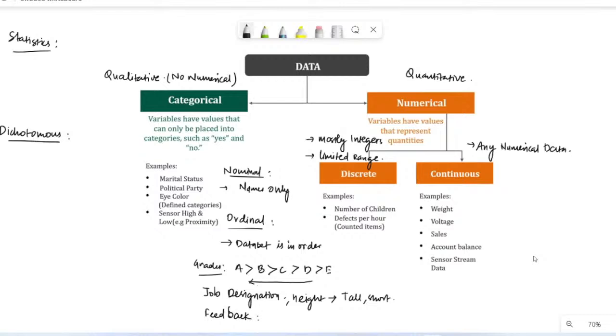So it goes with excellent here, then you go with good, and then you go with average. Fine. Dichotomous is next. What is the representation of the dichotomous part? Dichotomous means only two categories.